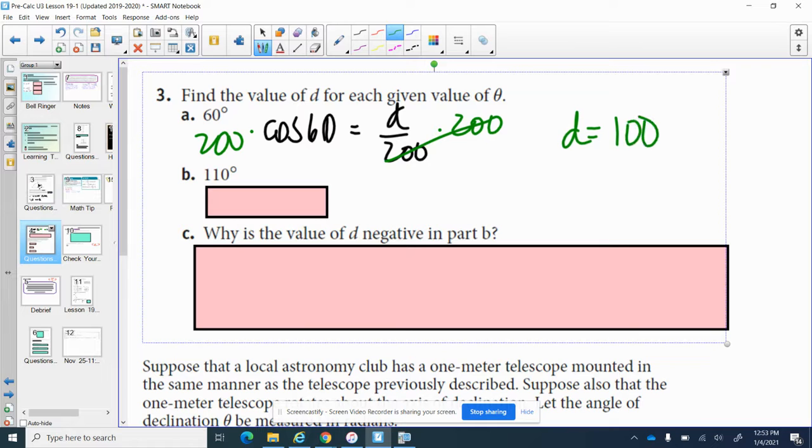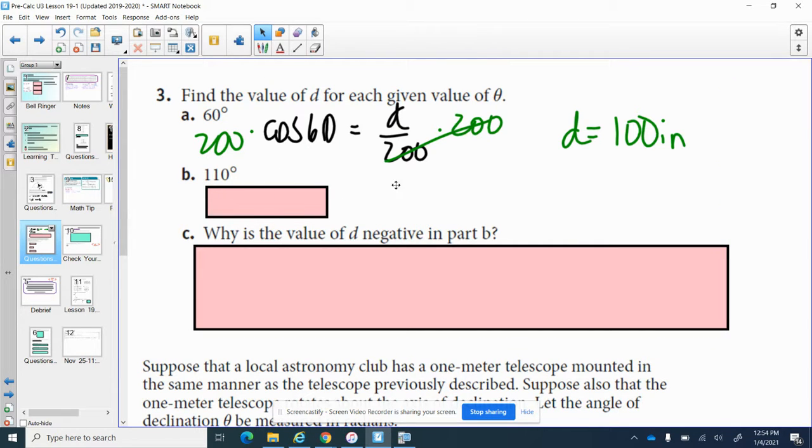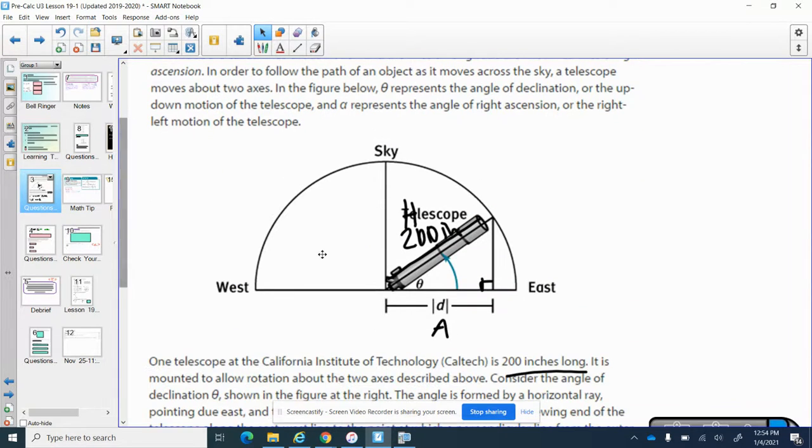So 100 inches. And if we test out the next one, if we type in 110, all we can do is approximate this as best as possible, but it's the exact same setup. We're just changing the 60 to 110. It's going to give you a negative value, which makes sense, because if we go back to the diagram, we're over on this negative part of the axis.